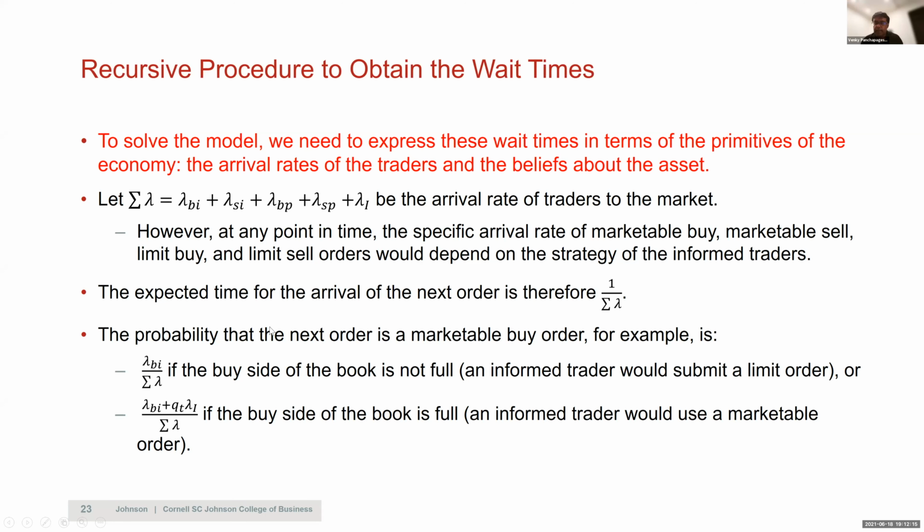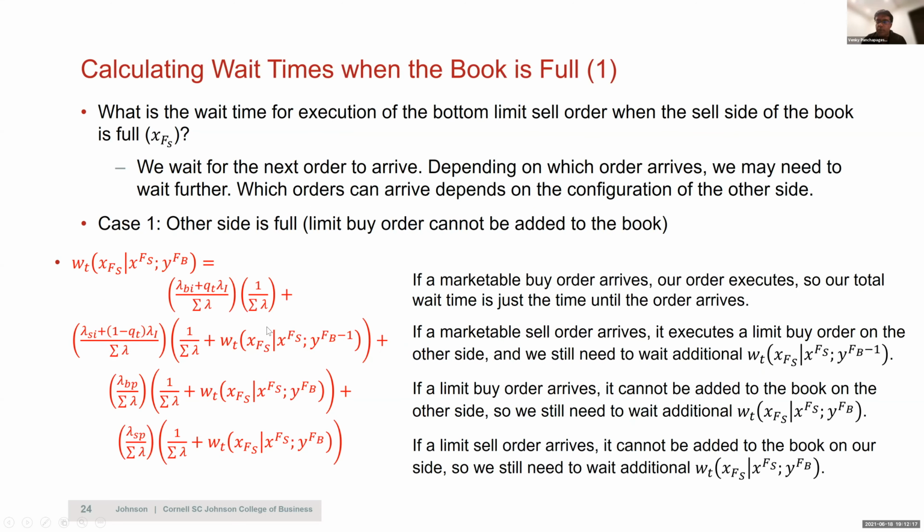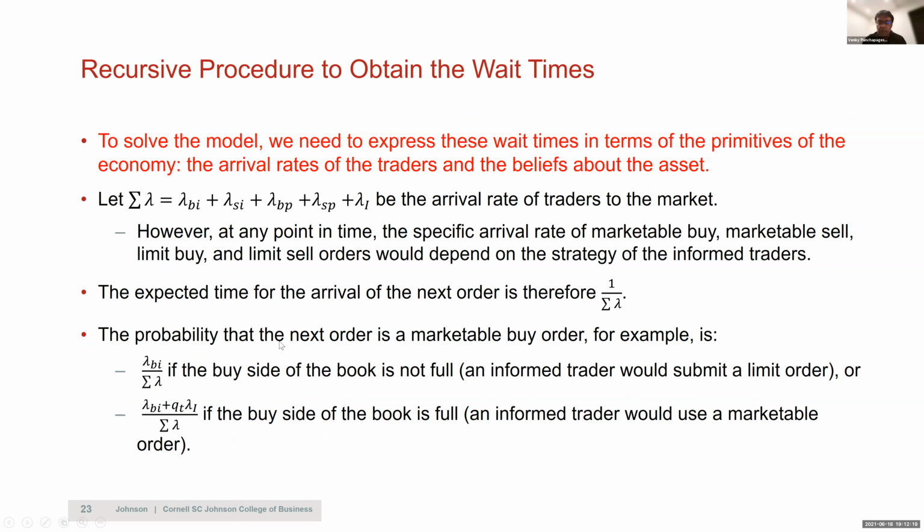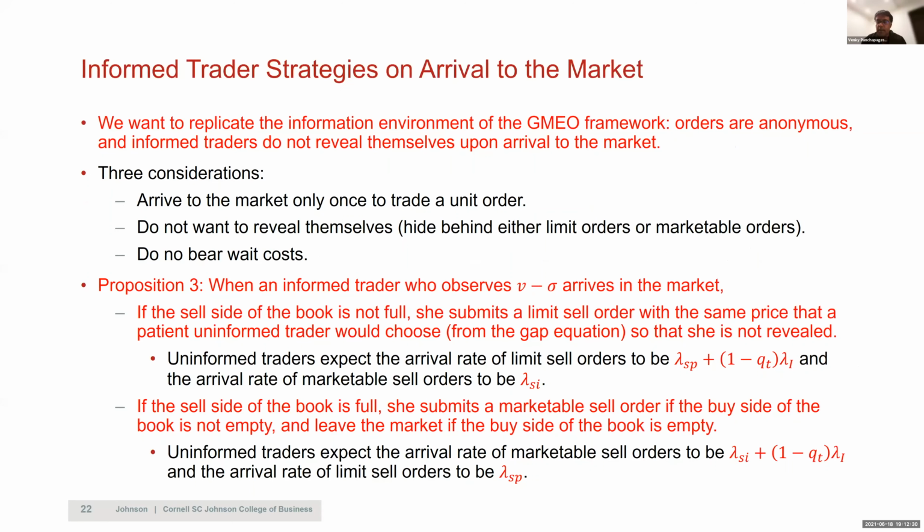All right. Gideon, can I ask a question? Just going back to what you said earlier, right? So if the sell side is full, and if there's an informed trader coming in, he's likely to put in a marketable order, right? So that's how he or she would want to take advantage of the information.